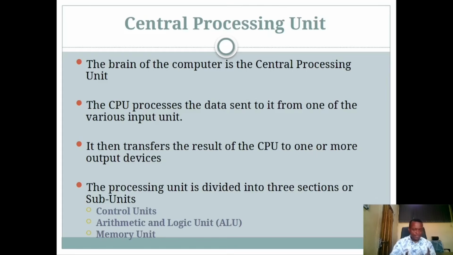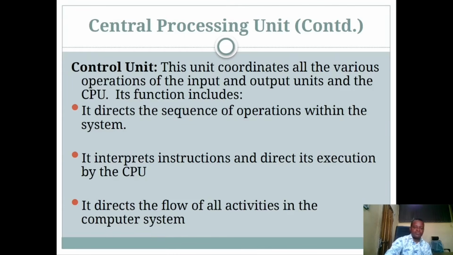Please don't forget that the central processing unit is divided into three subunits. We have the control unit, we have the arithmetic and logic unit, and we have the memory unit. Let's look at the function of these subunits. Now first, let's look at the control unit.